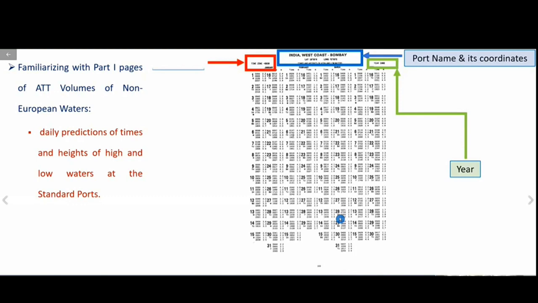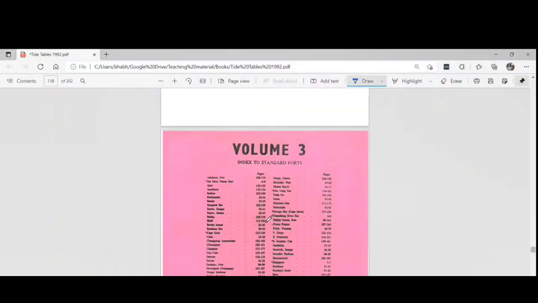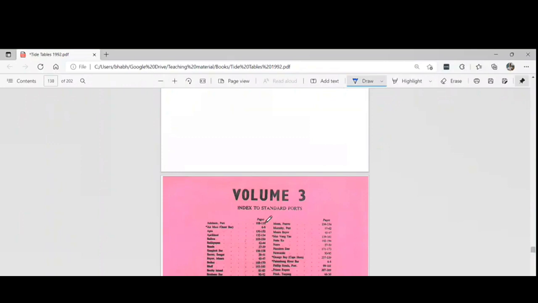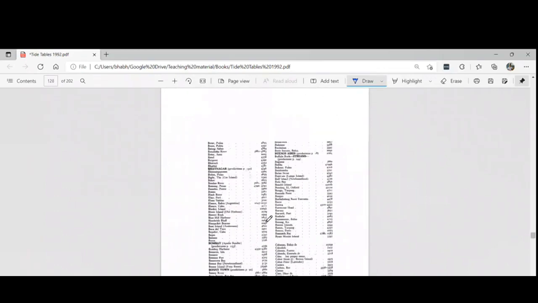So others also able to find it, beta? Found it, Bombay is in volume 2 only. Yes sir, found it. Found it sir, Bombay, on page 442.